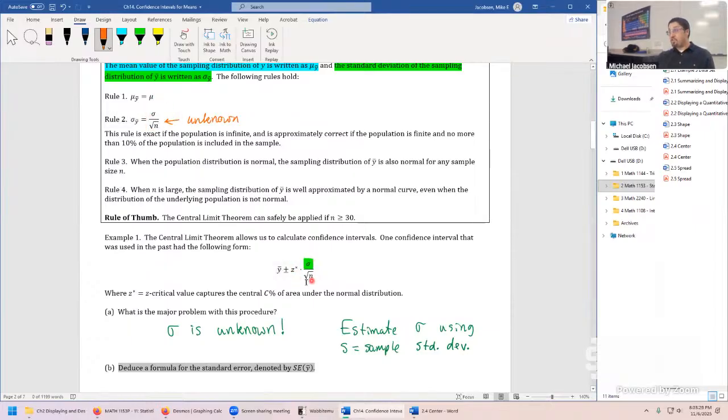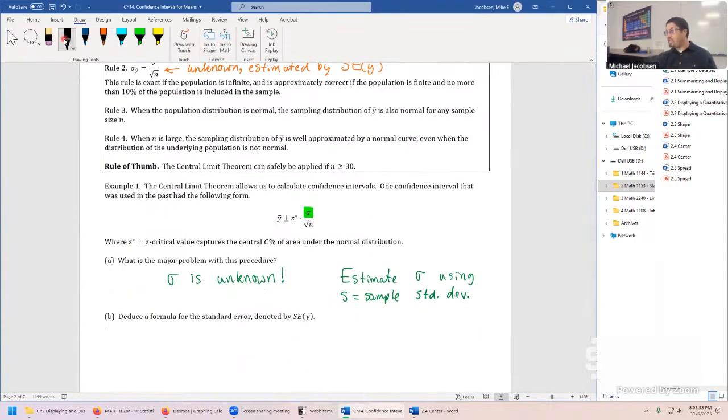This part right here turns into then the margin of error, just like in the last section. So since this is unknown, it's estimated by standard error y bar. So that's the whole purpose of this thing. In chapter 13, that's what the standard error was doing as well before.